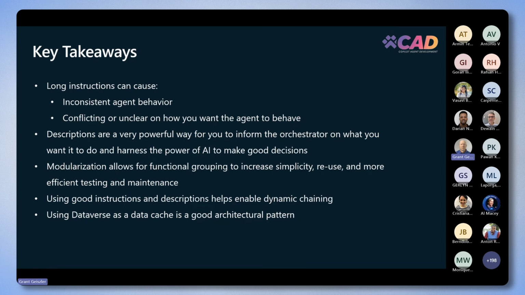And then finally, I think Dwayne hit on it really well, but using Dataverse as a data cache is a good architectural pattern. Dataverse is a first-class entity in Copilot Studio. We've had some very good results with it. You have some really powerful tools that you can use with Dataverse, and you get a lot of stuff for free, like semantic indexing.